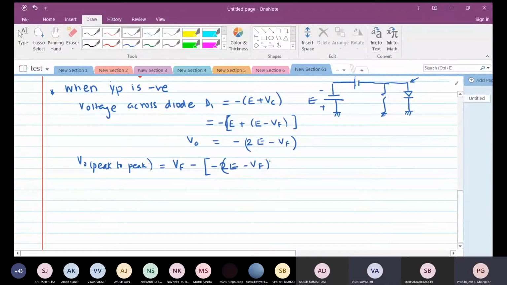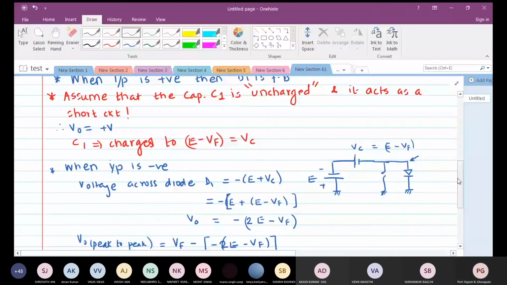So solve this: VF plus 2E minus VF. So this turns out to be 2E, which is the peak to peak value of the original waveform.